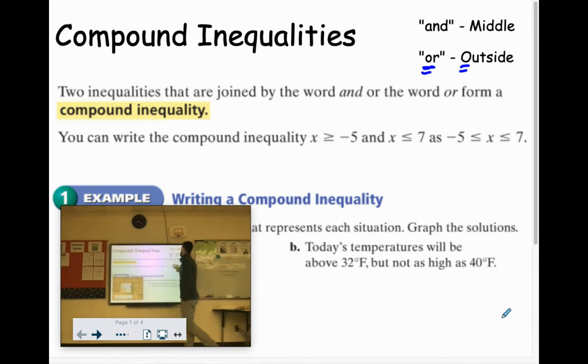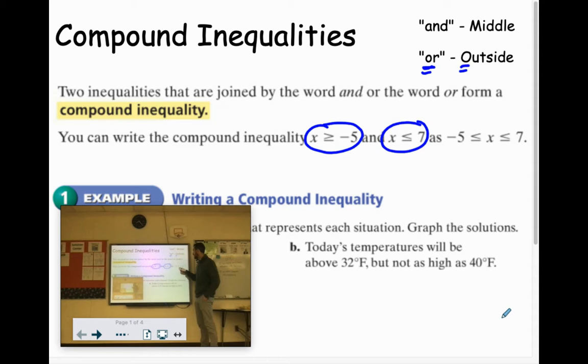So if you had the inequality x is greater than or equal to negative 5 and x is less than 7, here's how you rewrite that as a compound inequality. You mush it all into one, but there are two different inequality signs.